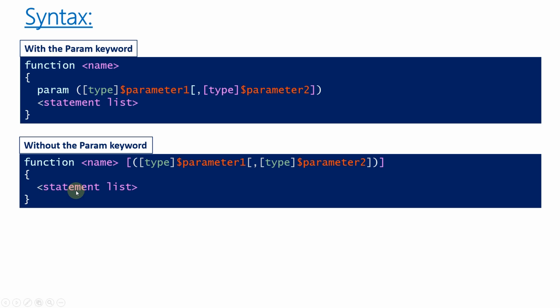One thing you can notice: when we use the param keyword, it is written inside the function. But when we don't use the param keyword and we pass the parameters, then we write the parameter list in the same line where we are creating the function. So this is how we can use the syntax of function while creating.